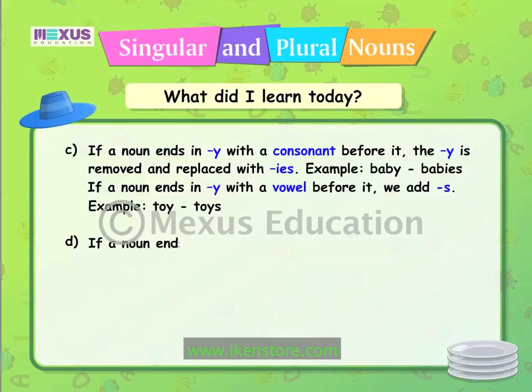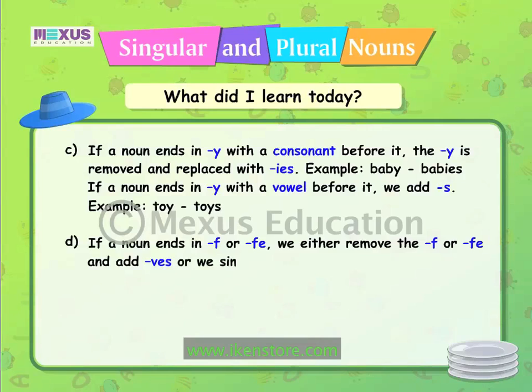If a noun ends in f or fe, we either remove the f or fe and add ves, or we simply add an s.